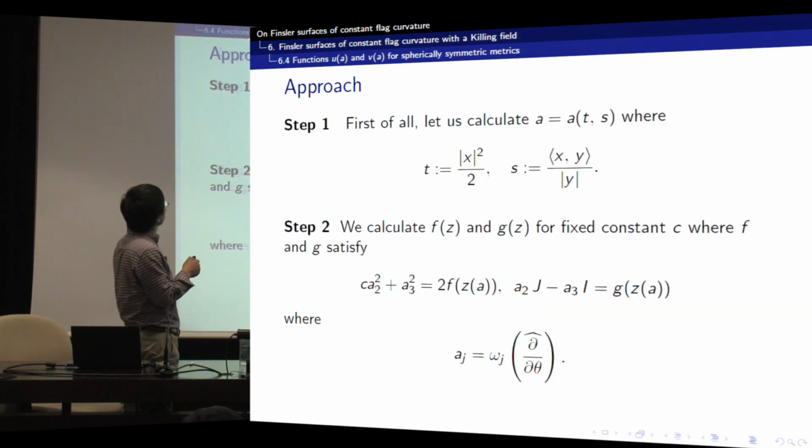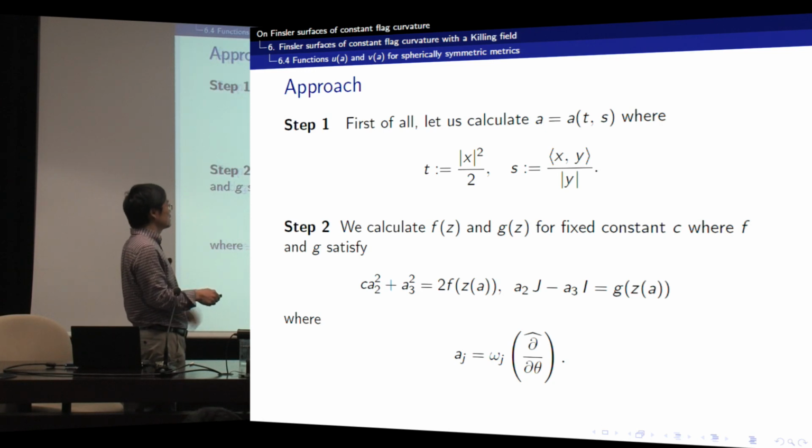The approach to calculate UA and VA has three steps. Step one is to calculate A = A(T, S), where T = |x|²/2 and S = <x,y>/|y|. The second step is we calculate F(z) and G(z) for a fixed constant c, where F and G satisfy this equation.